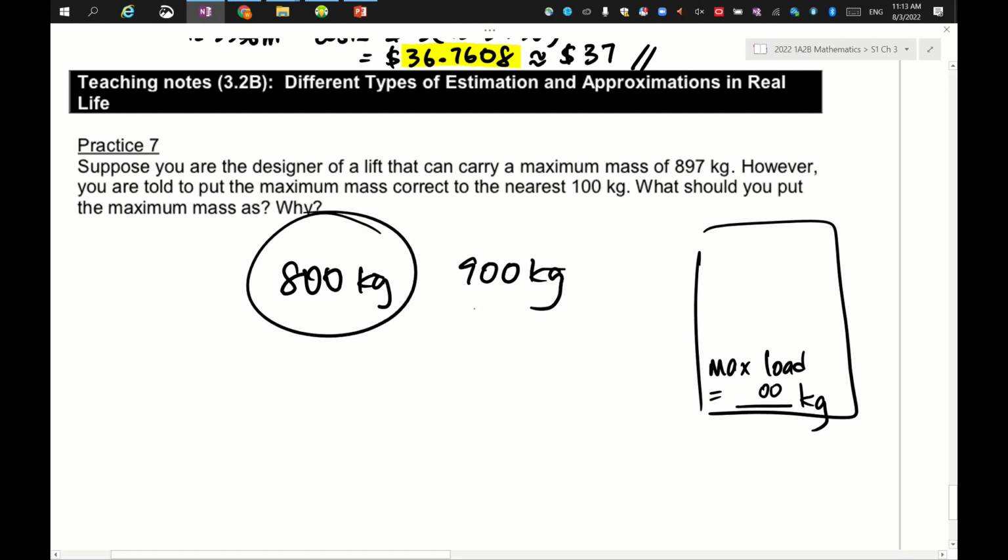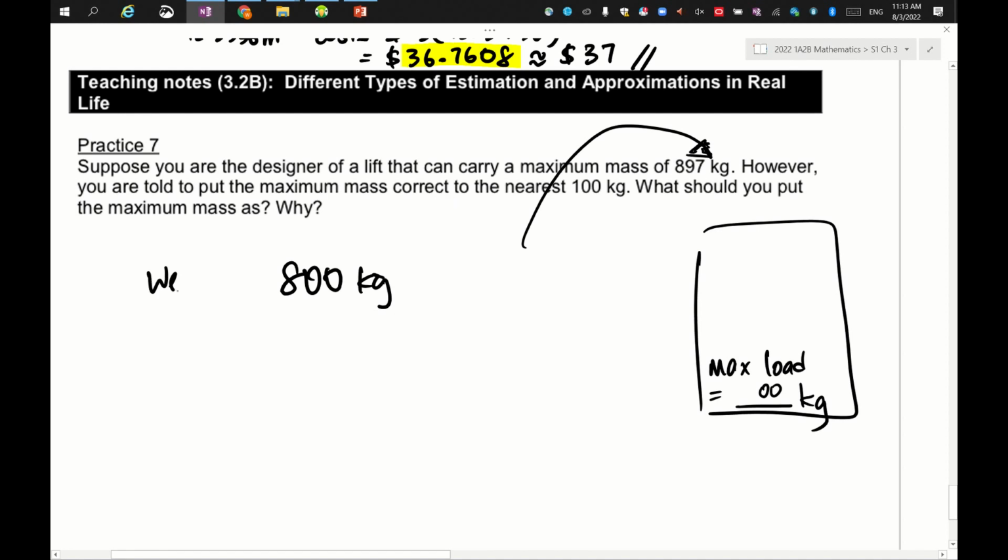Although 900 is closer to 897, 900 is too dangerous. What if really the people go in with 900 kg? Dangerous. So we have to use our logic also, depending on the situation, whether you round up or you round down. So we put 800 kg as the maximum mass.